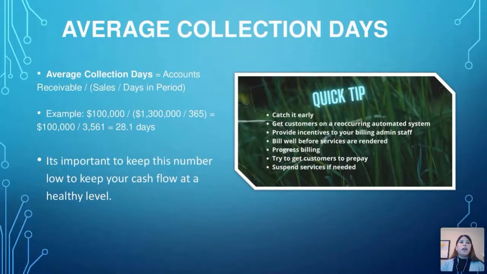So in this example, we have 100,000 divided by 1.3 million divided by 365 days, so the whole year. That leaves us with 100,000 divided by 3,561. Our average collection days is 28.1. It's important to keep this number low because we want to collect faster for healthy cash flow within our business, right? So it's important to calculate this and catch it early.